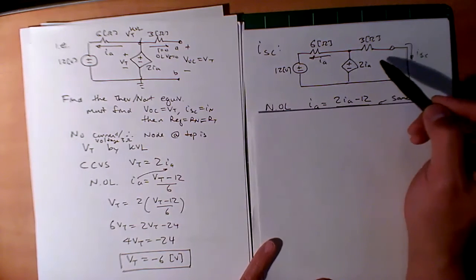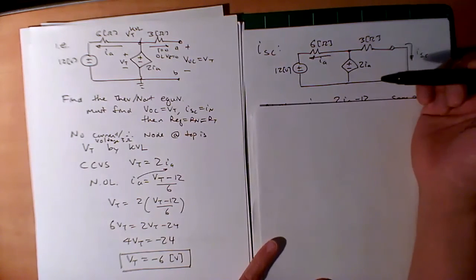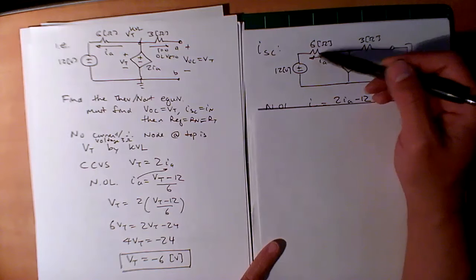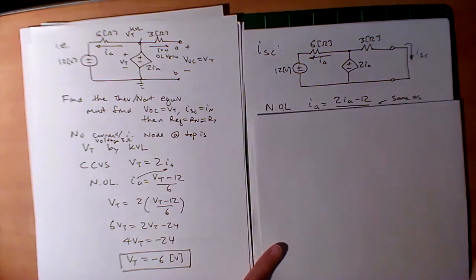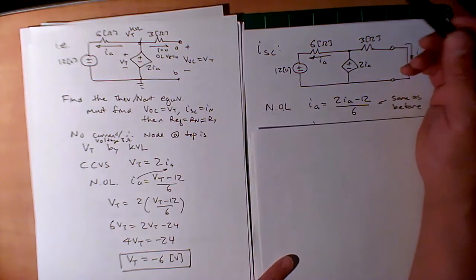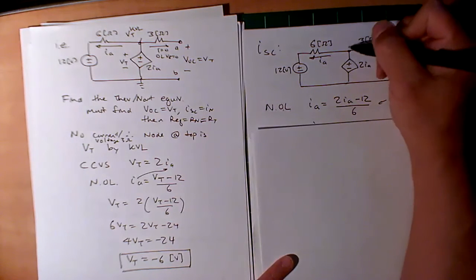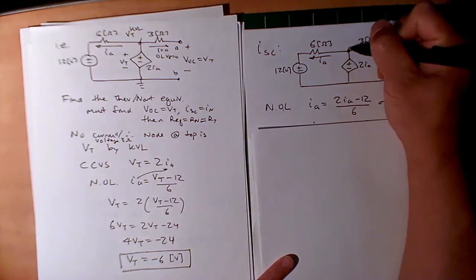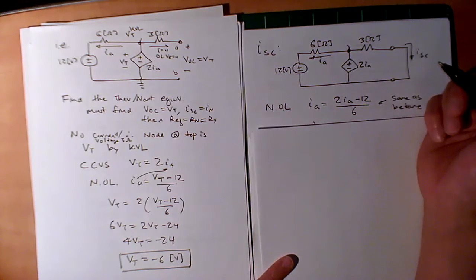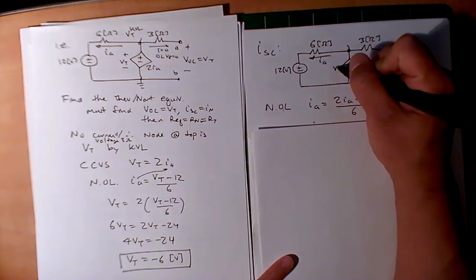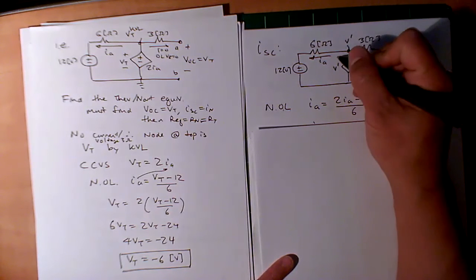So what do we have here? We have a current, we have the same thing, this voltage, and I assume that the node voltage here is whatever this is. I think a better way to do this would be to call this V prime, plus or minus, right?